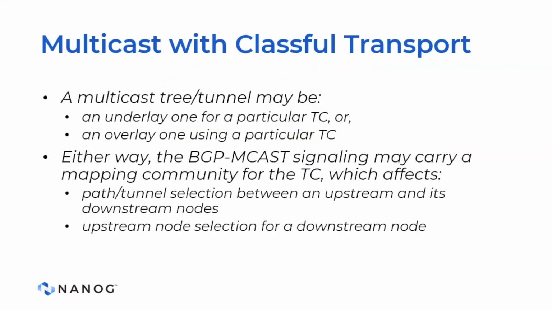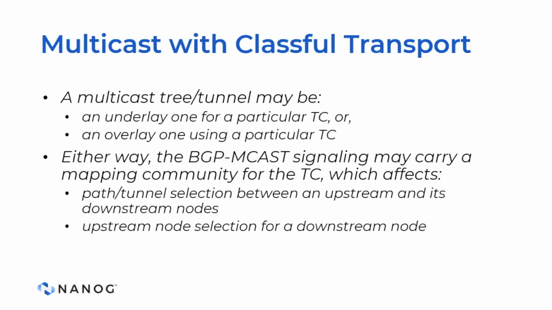Now, multicast can easily fit into that picture. For example, a multicast tree or a multicast tunnel could be an underlay one for a particular transport class, or it could be an overlay one using a particular transport class.